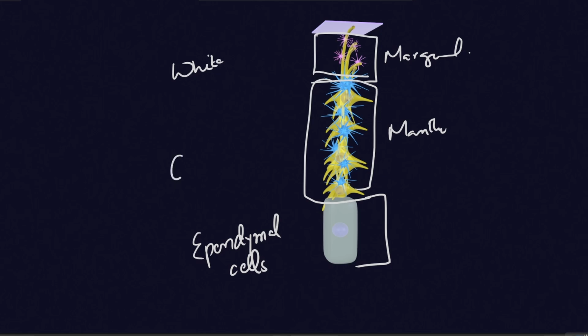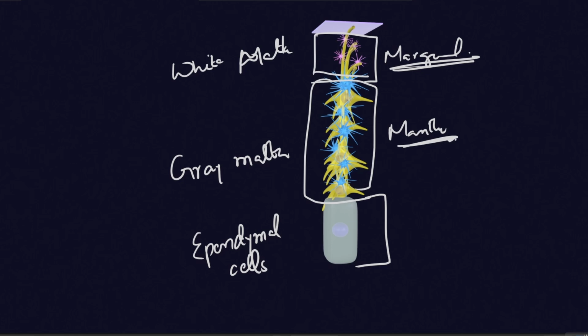So basically this is the gray matter that is formed here, and this is white matter. So the marginal zone consists of white matter and the mantle zone consists of gray matter. And by the way, astrocytes are present in both of these layers, but oligodendrocytes are mainly present in the marginal zone.